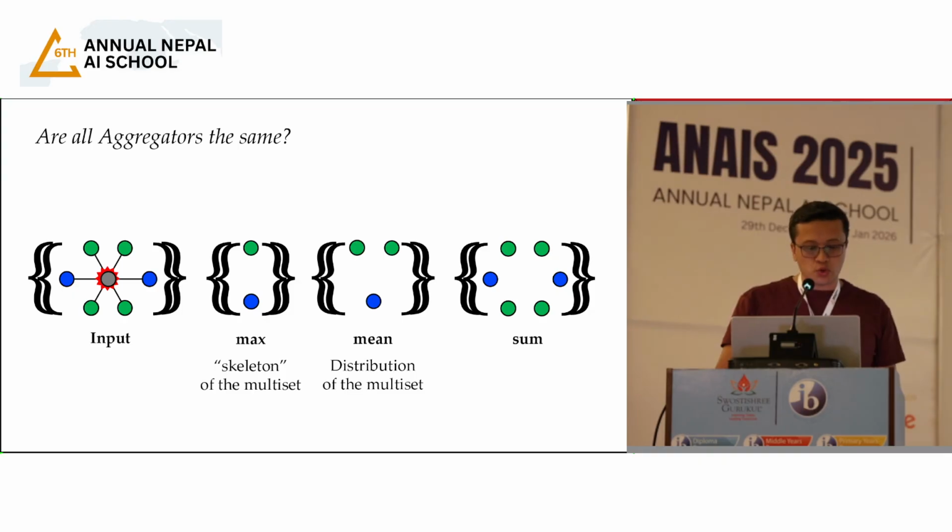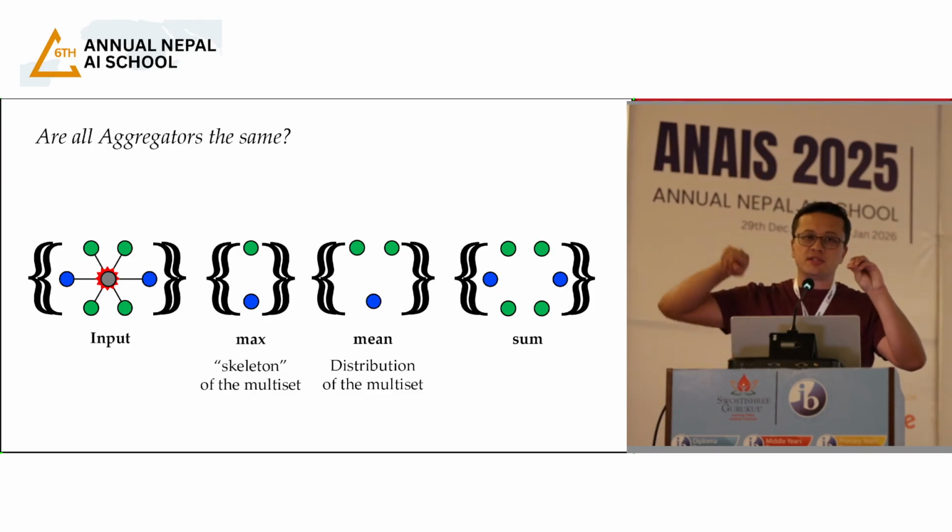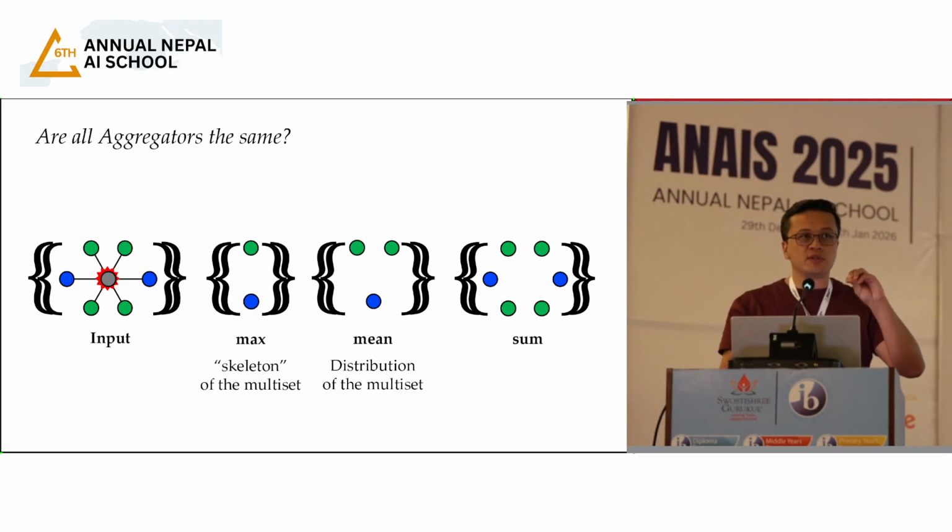So what to choose here? Let's say we have an input that's shown on the left-hand side. So we have the center node. And imagine we are trying to aggregate for the center node. So we are computing messages with respect to the neighbors of this node and aggregating. So the typical choices are max, mean, and sum. So if we take a max operation, this is element-wise.